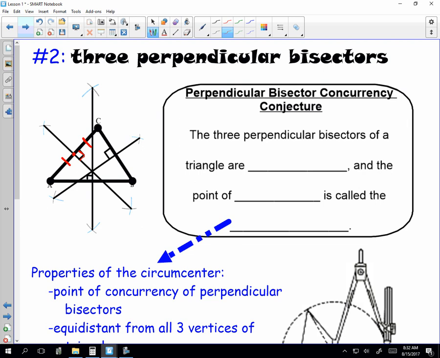So the three perpendicular bisectors of a triangle are concurrent. Might help if I put an N in it. And the point of concurrency is called the circumcenter.